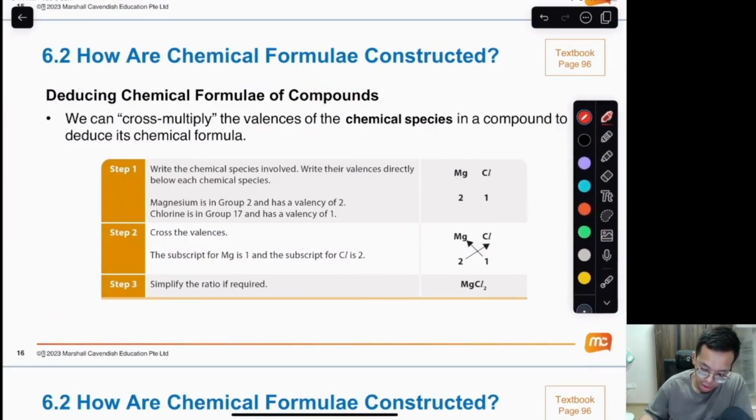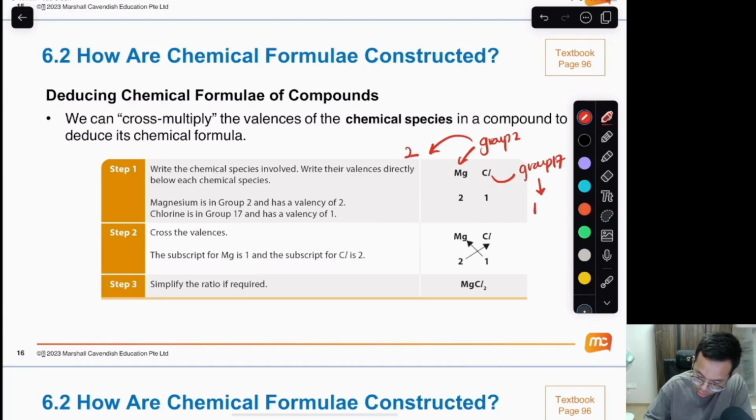So now let's deduce the chemical formula of compounds. We can cross multiply the valencies of the chemical species in a compound to deduce its chemical formula. We've done this before, so I'm going to quickly run through it. Basically you have magnesium and chlorine. Magnesium is from group 2, chlorine is group 17. So chlorine has a valency of 1, magnesium has a valency of 2.